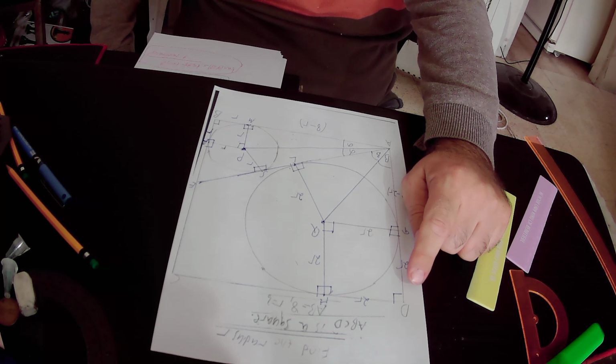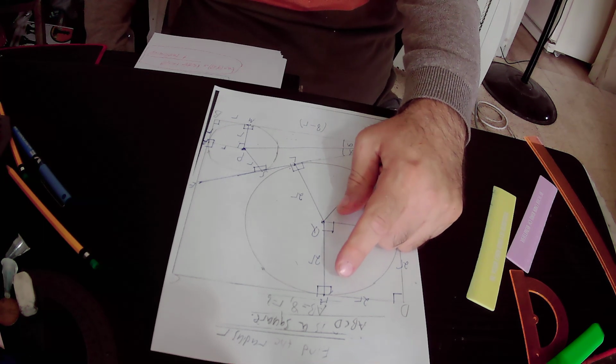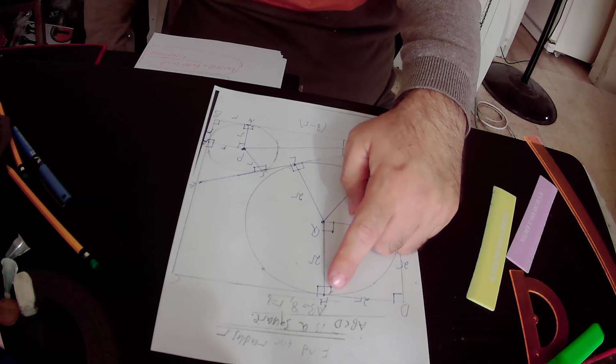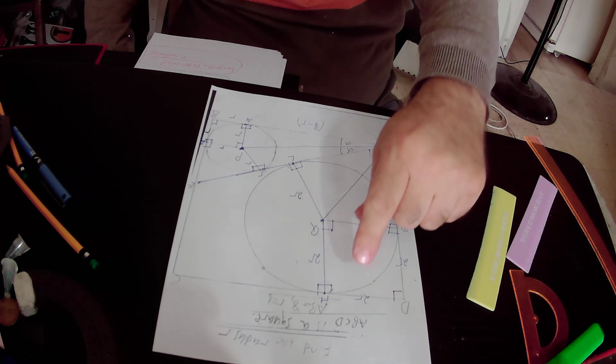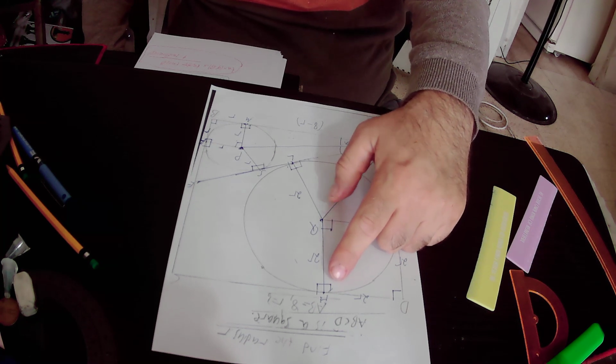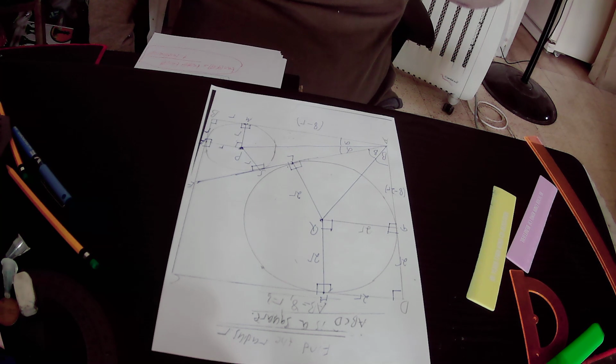And we also have this radius that is drawn to the point of tangency, that is to say point H. Therefore the tangent DC is perpendicular to this radius. This angle is 90 degrees and this angle is also 90 degrees.